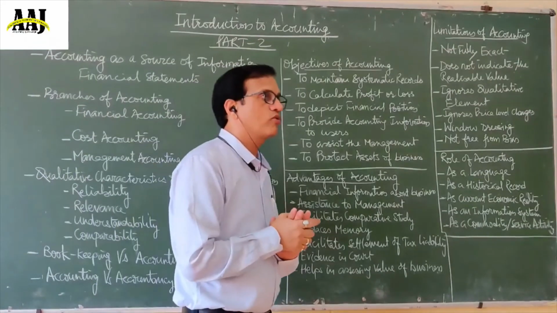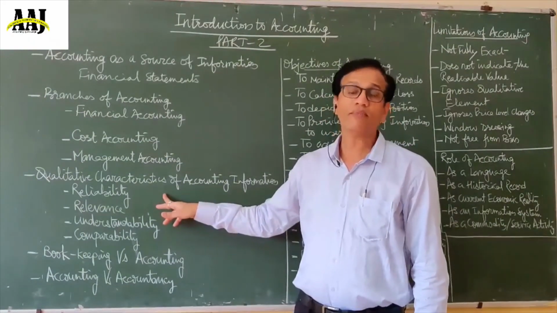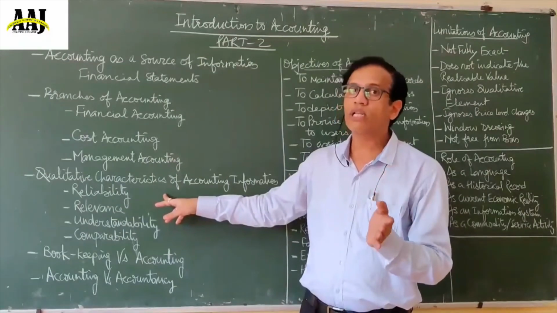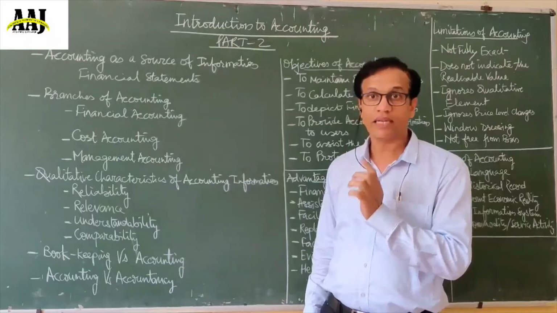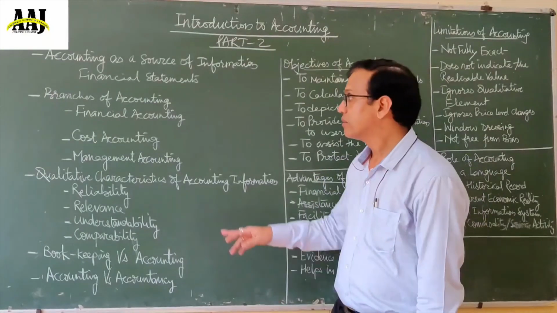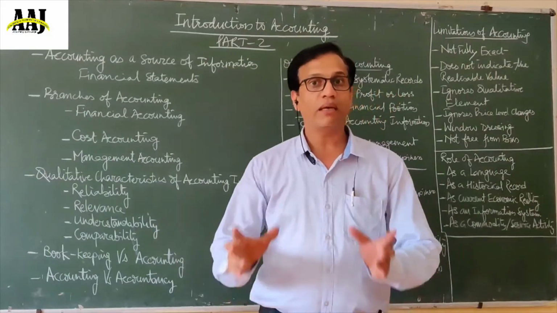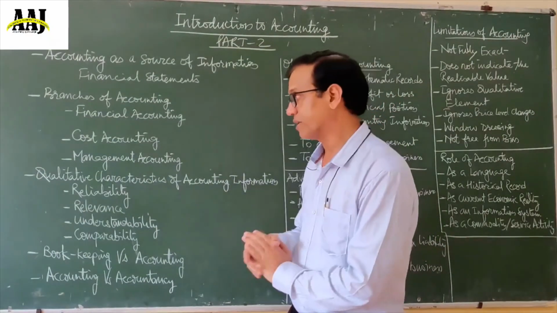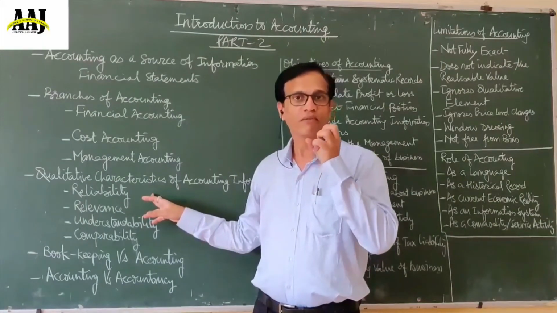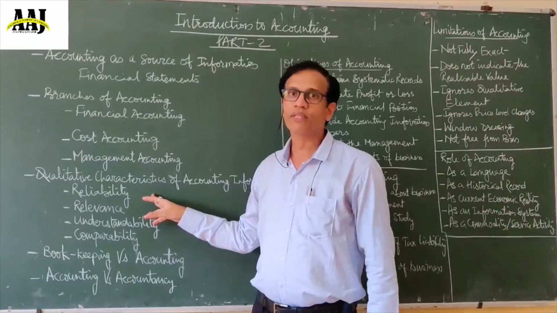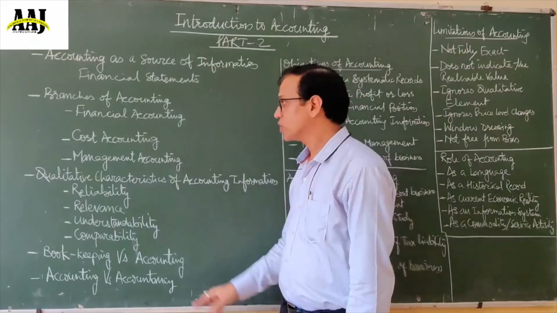So when we talk about qualitative characteristics, first comes reliability. It means the accounting information provided should be reliable. That means the user must depend upon the information provided to him. He must rely upon it, that whatever has been provided to him is completely true and he can take his decision on the basis of the information.